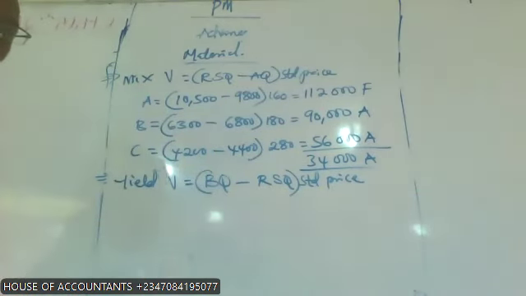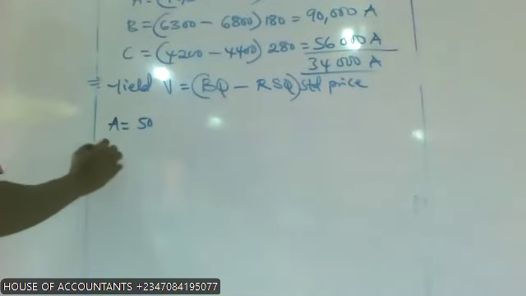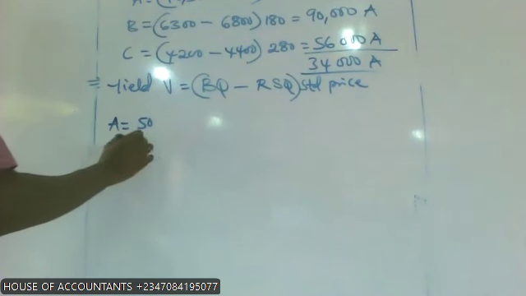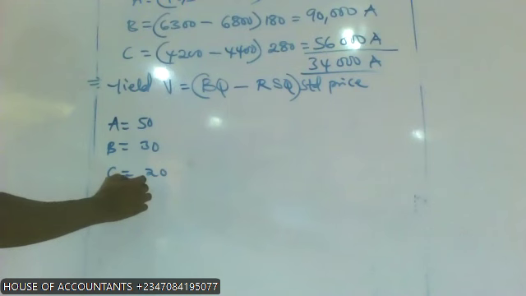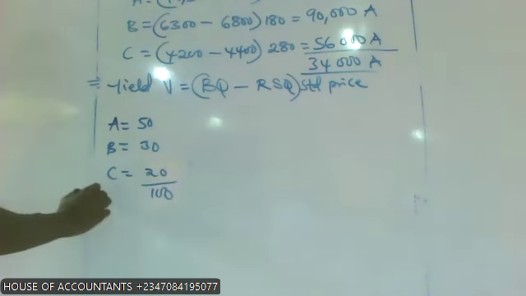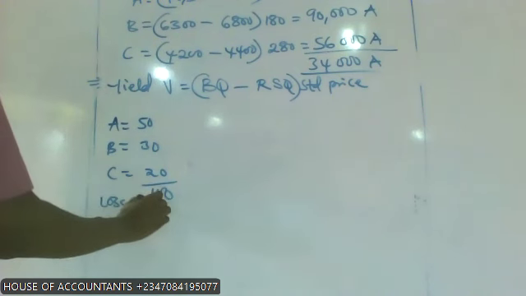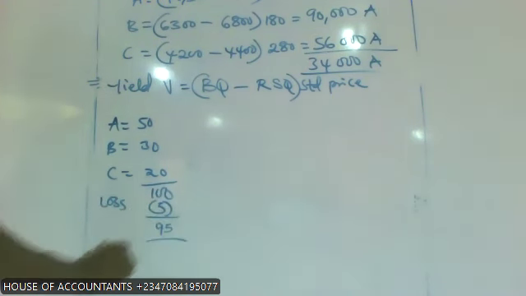So what are we now going to do? We'll say A, come back to 50, B, come back to 30, C, come back to 20. Total is 100. We will now less that loss of 5. The total will now be 95.